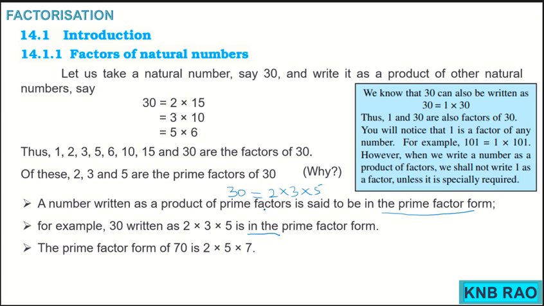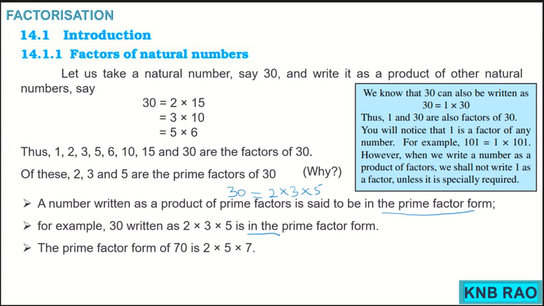Now, we shall find the prime factors for some other numbers such as 70. What would be the prime factorization of 70? The prime factorization of 70 is 2 into 5 into 7.